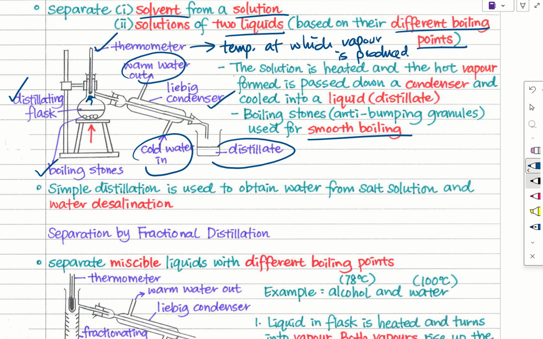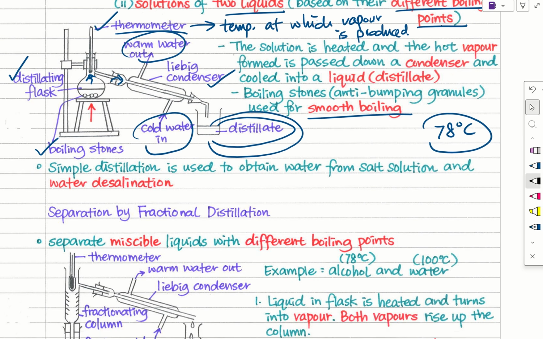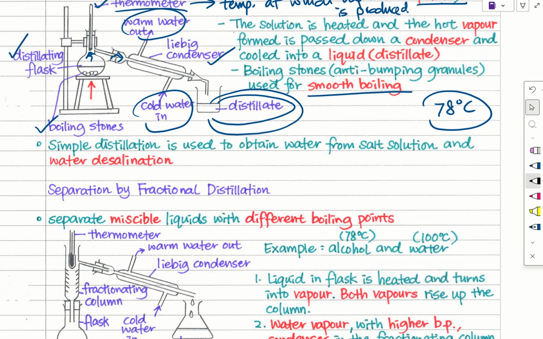So for example, if we want to get alcohol, which has a boiling point of 78 degrees, once the thermometer registers a reading of 78 degrees and is stable, we know that the vapor that's coming out is alcohol vapor, and the distillate after it has undergone condensation will be the pure alcohol. So simple distillation is used to obtain water from salt solution and in water desalination.